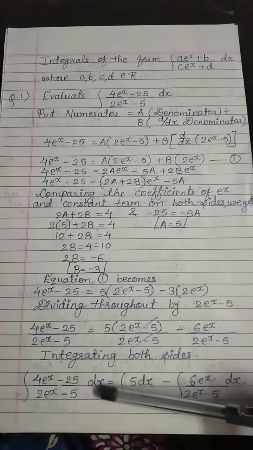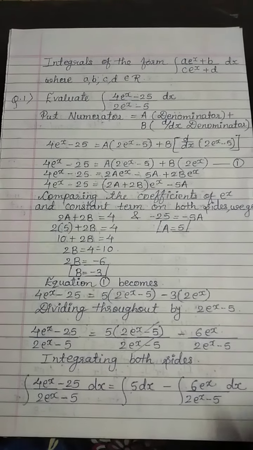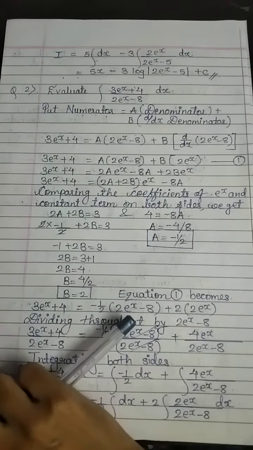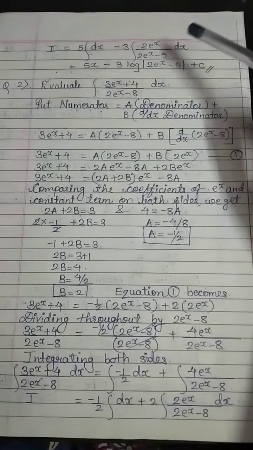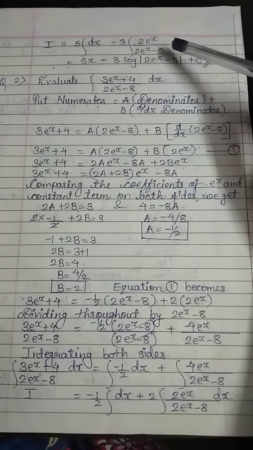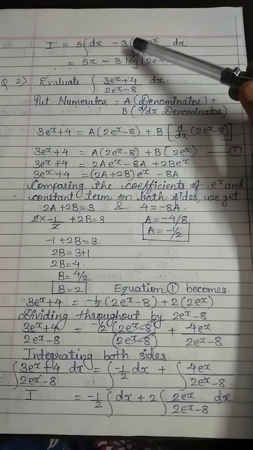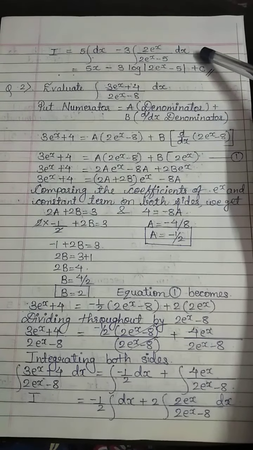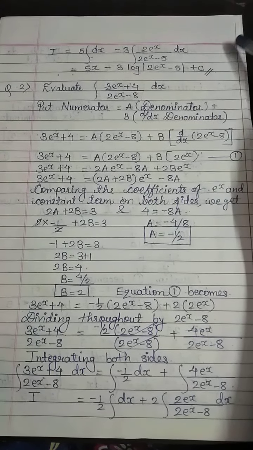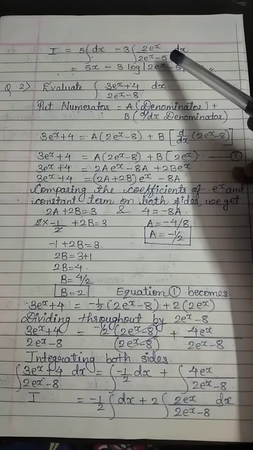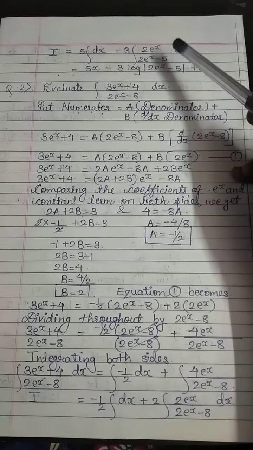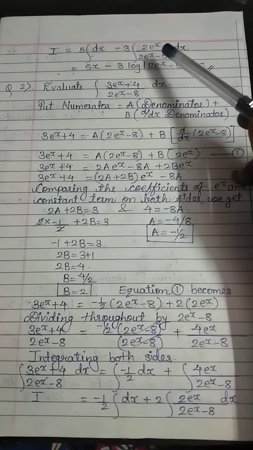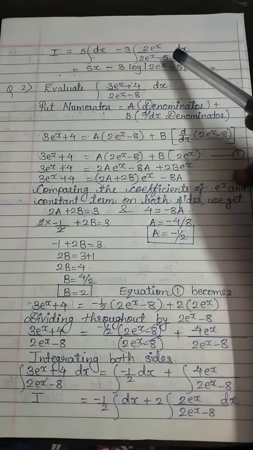Now integrating these two terms: the integration of 5 is 5x, and as we learned in the previous lecture, integration of f dash of x upon f of x dx is equal to log mod f of x plus c. Means if the derivative of the denominator is present in the numerator, then we can directly write the answer as log mod denominator.